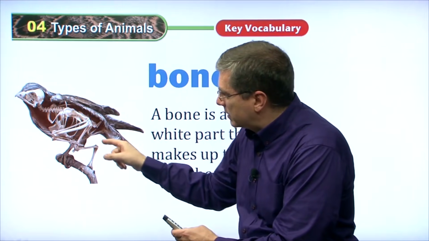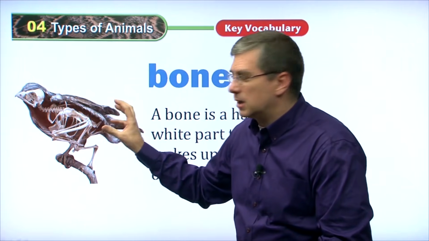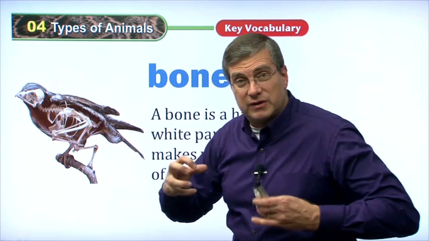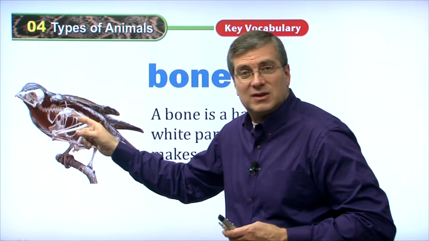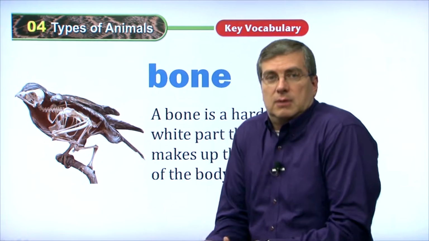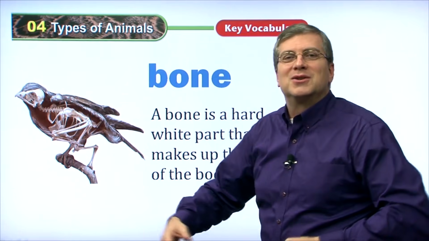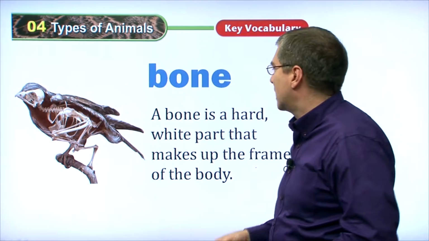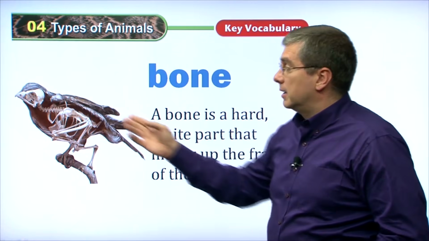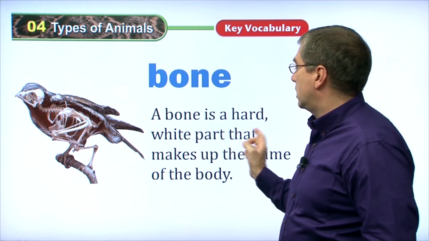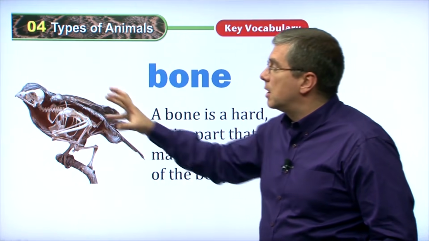You're left with the skeleton, the hard, bony structure inside an animal that supports the body, right? If you didn't have the skeleton, there's no support. It would just fall apart. There's nothing to be able to move around, right? So a bone is a hard, that's the most important thing of a bone, is that it's hard, white part that makes up the frame of the body.